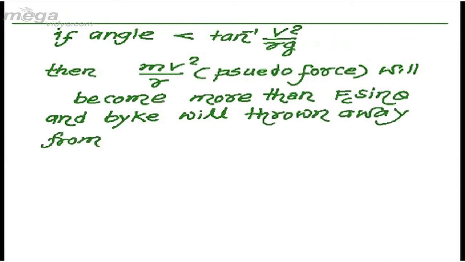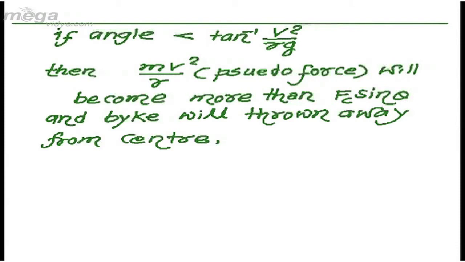away from the center. As God created our body in such a way that our mind automatically adjusts this much leaning angle, as a result of which we can take sharp circular turns.